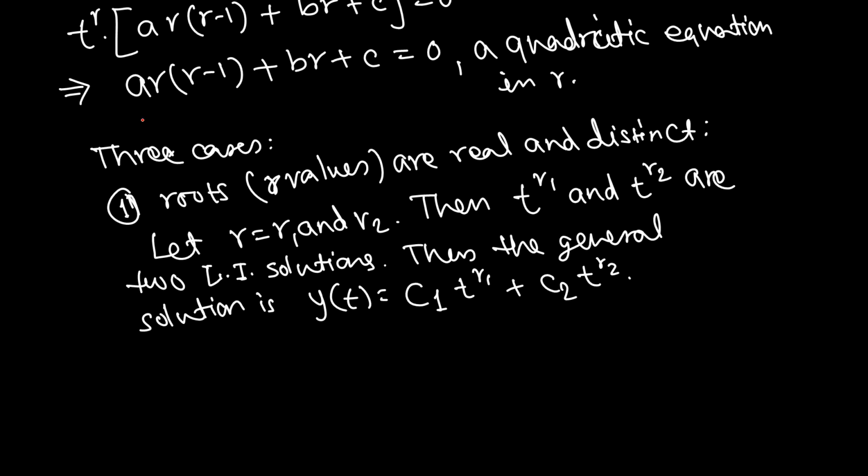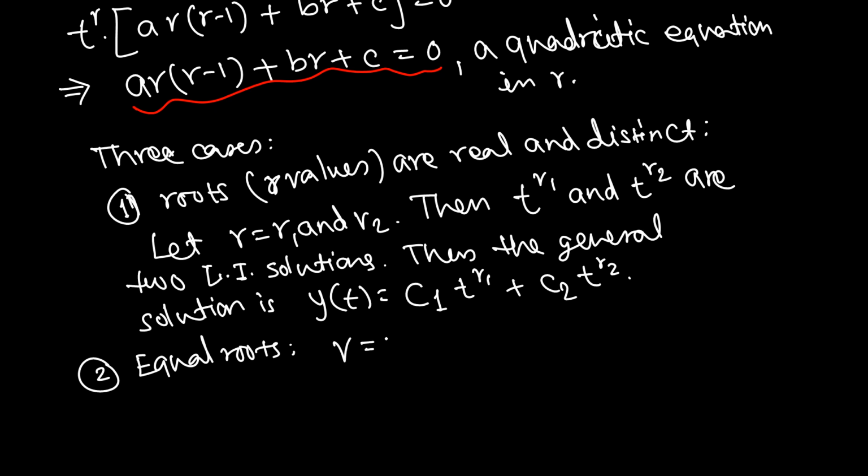But when we solve this quadratic equation, we might get equal roots. So r1 and r2 are both the same. There will be two roots, but they are the same, so let's just write r.